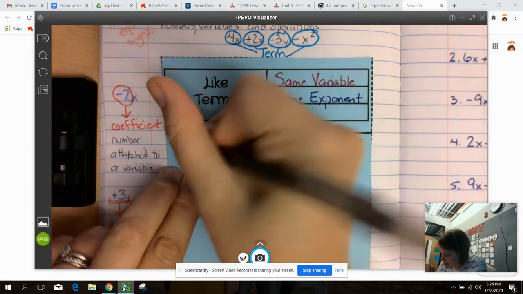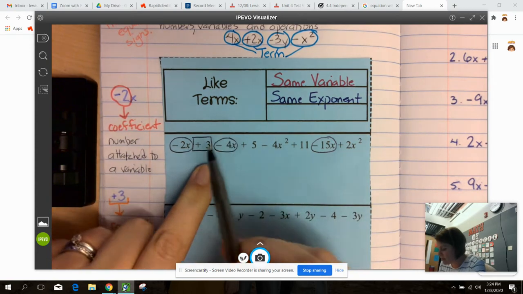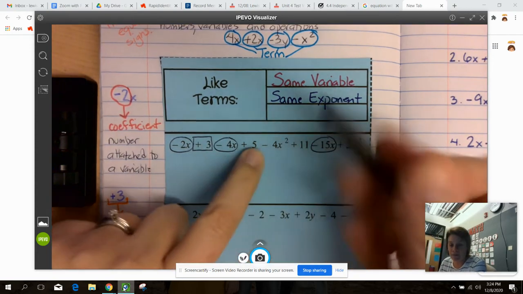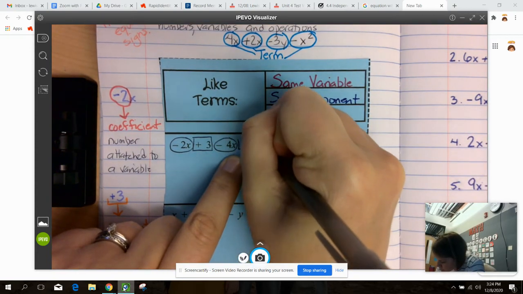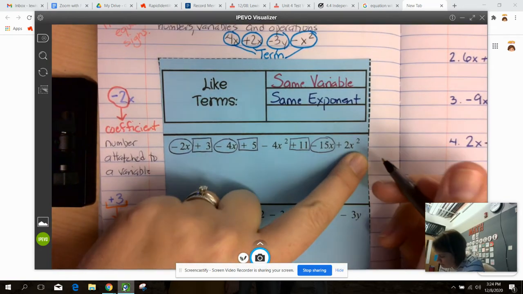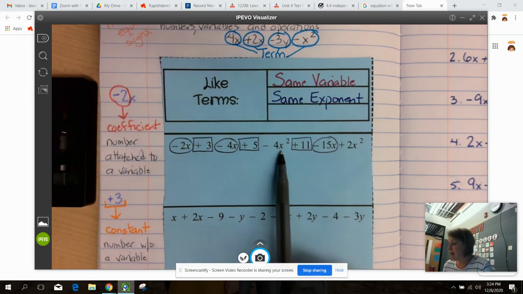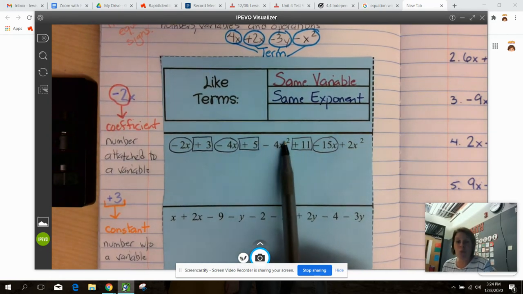Then I have constants. I'm going to go ahead and put a square or a rectangle around all my constants. So I have one here. Here's a constant. Here's a constant because it does not have a variable. And that's it. Then I have these other two. So this would be an x squared term.